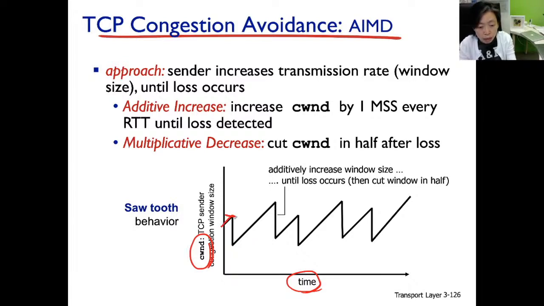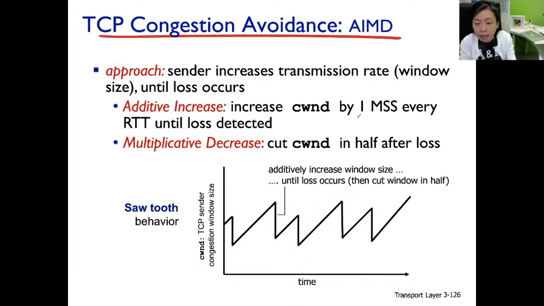As soon as we hit a loss, we drop the window size drastically to half of it. So each of these AIMD episodes looks like a sawtooth. And that is why people often say TCP's window size change over time shows a sawtooth behavior.